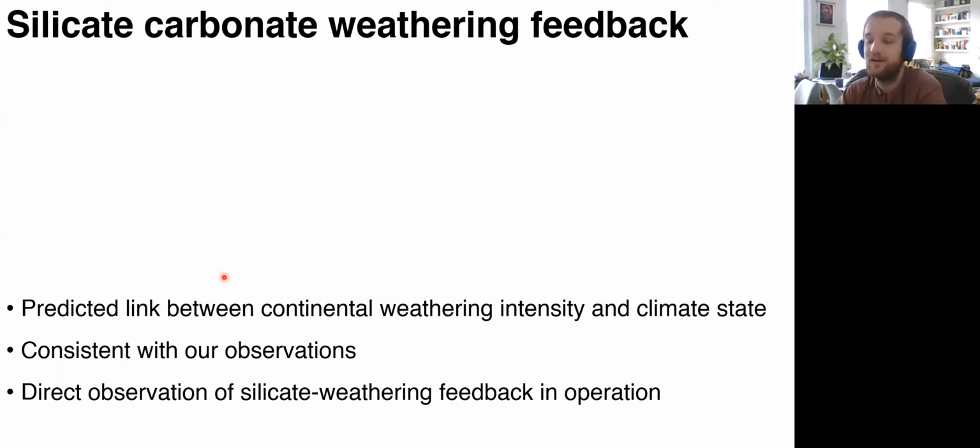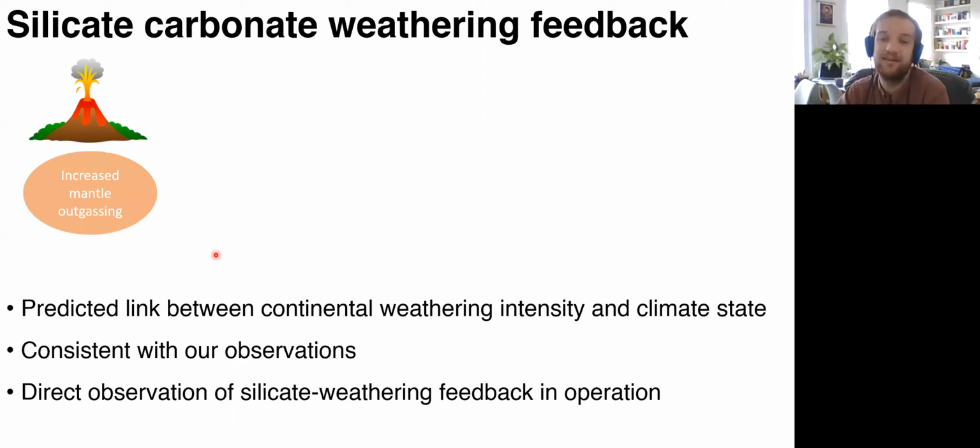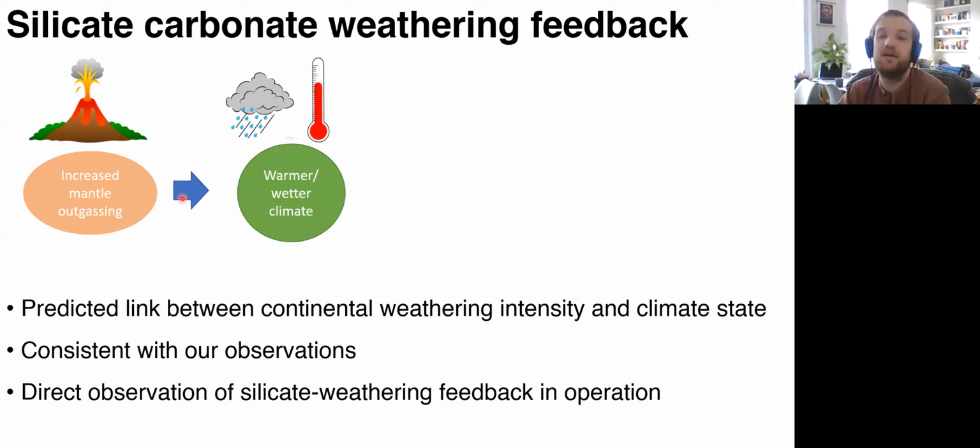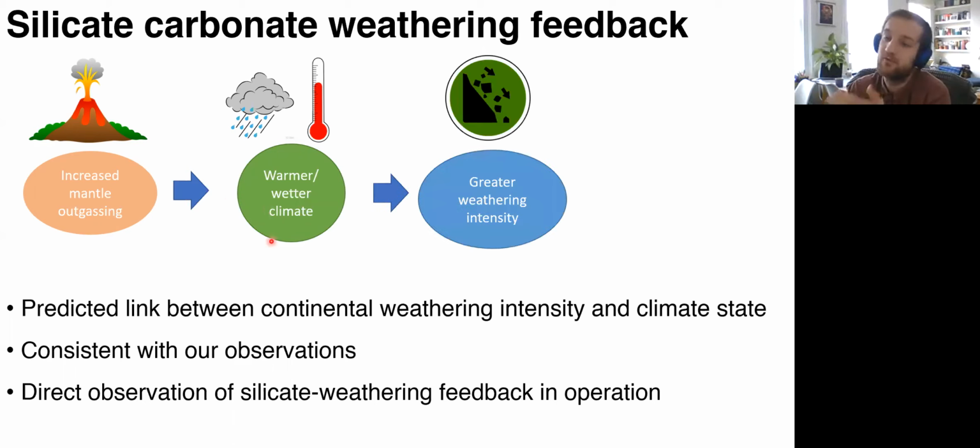So let's consider just one example, an increase in mantle outgassing. So we've got increased volcanism, which releases CO2. This would generate, by elevating CO2 in the atmosphere, warmer, wetter conditions, which is broadly consistent with greater weathering intensity. So with a wetter, warmer climate, you're going to be dissolving silicate minerals at a greater rate.